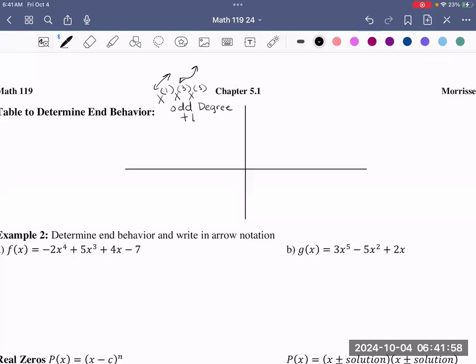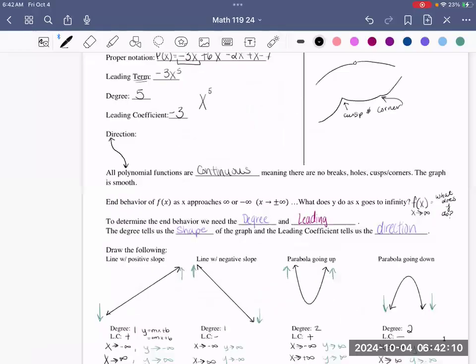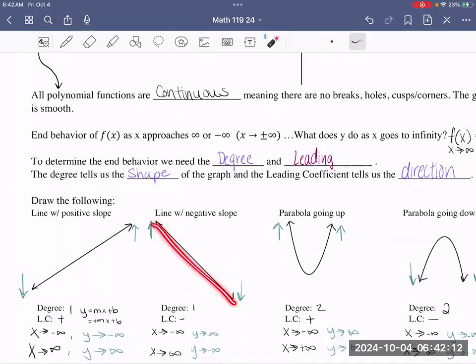So we could have 2 types of orientations: that in which we have a positive leading coefficient, or that with a negative leading coefficient. If it's a negative leading coefficient, we're just a line facing down, or an S-shape going down.